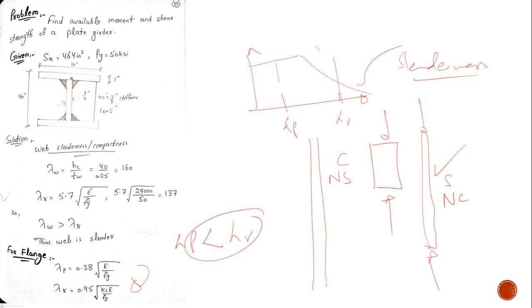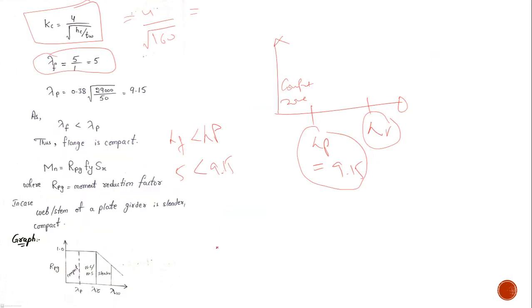In this case, the depth of my stem or web for this plate girder is 40 inches, and its thickness is very small, 0.25 inches, a quarter of an inch. It means it's slender. Now when I'm dealing with my flanges, I find that my flange is compact and non-slender, and I easily found that out using the formula bf divided by 2tf.